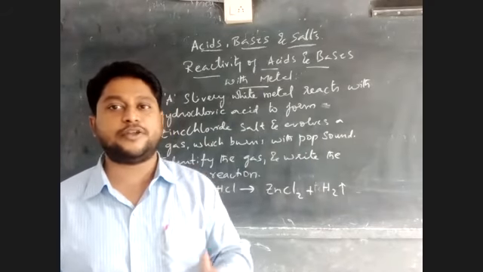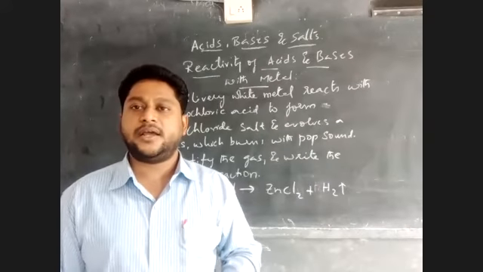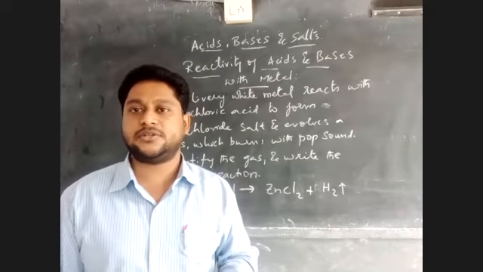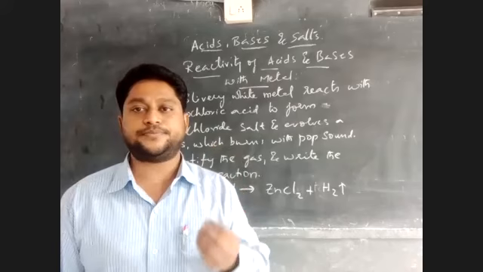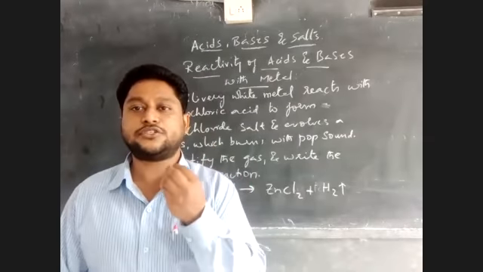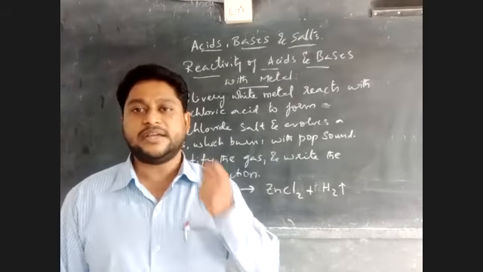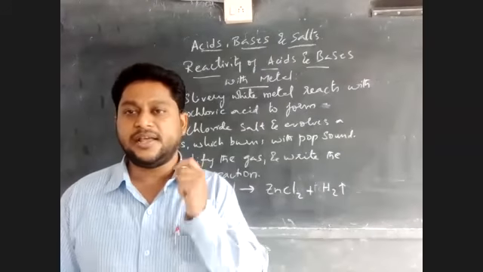Understood? That is going to be our next topic. We are going to learn the reaction where a gas is evolved that will put off the flame. We are going to study that in the next class.